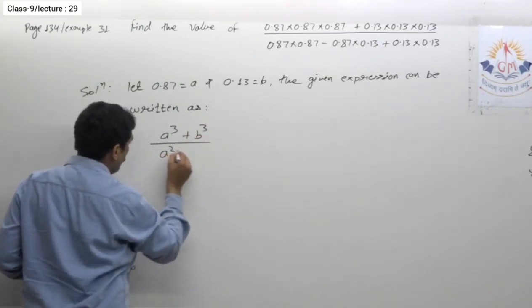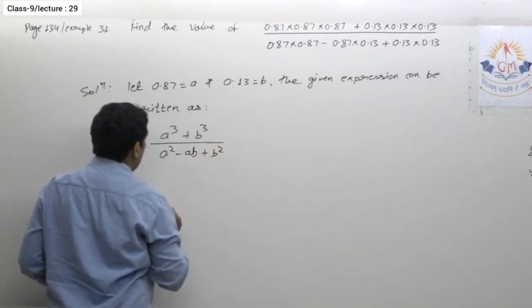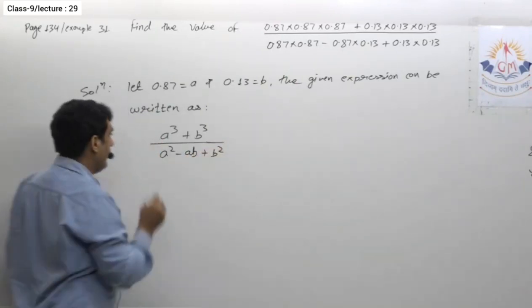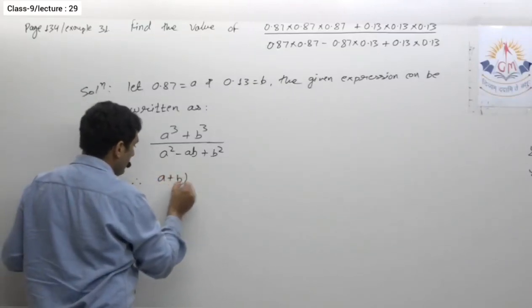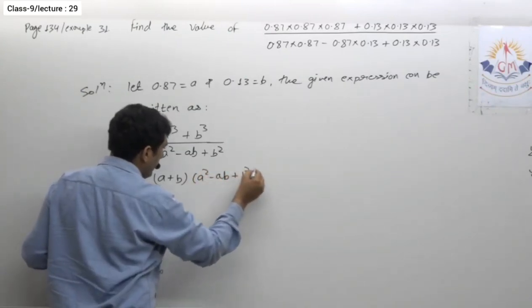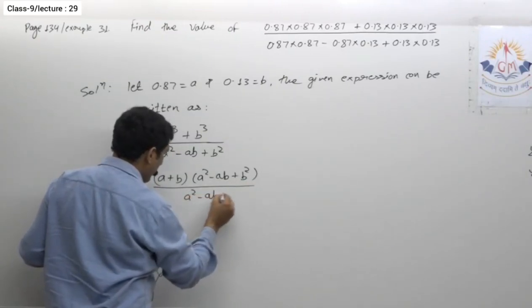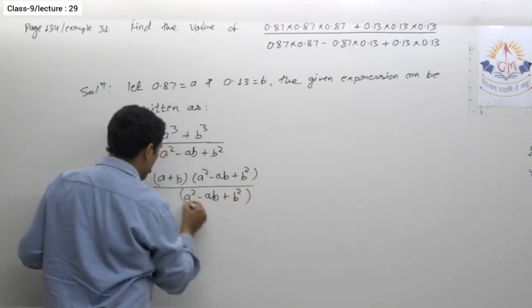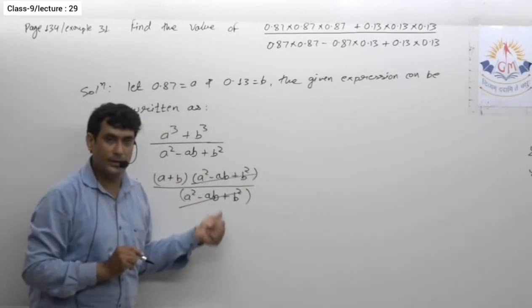In the denominator it is a square minus ab plus b square, isn't it? Now if you apply the identity of a cube plus b cube, what will you get? a plus b, then a square minus ab plus b square, and in the denominator again I have a square minus ab plus b square. This will simply cancel out because these two expressions are exactly the same.